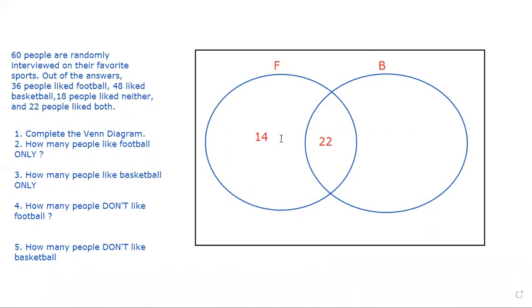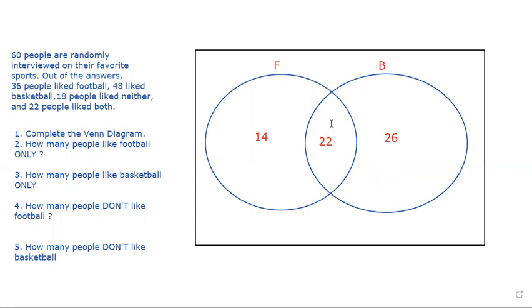All right. Now, on the other side, we had 48 people who like basketball. We say it right here. But 22 people like both. So 48 minus 22 is going to give us 26.